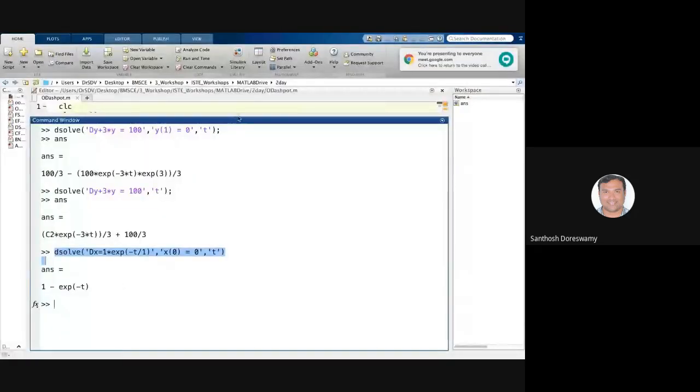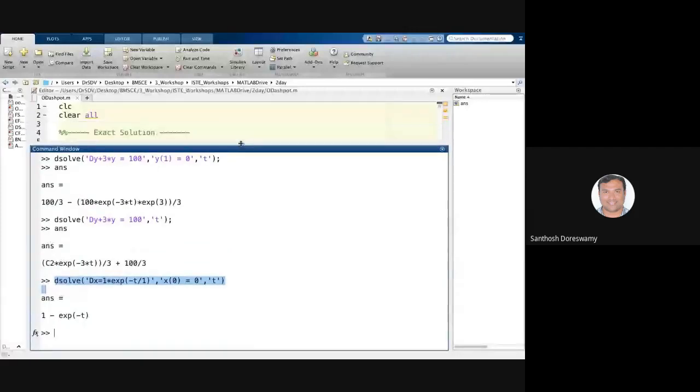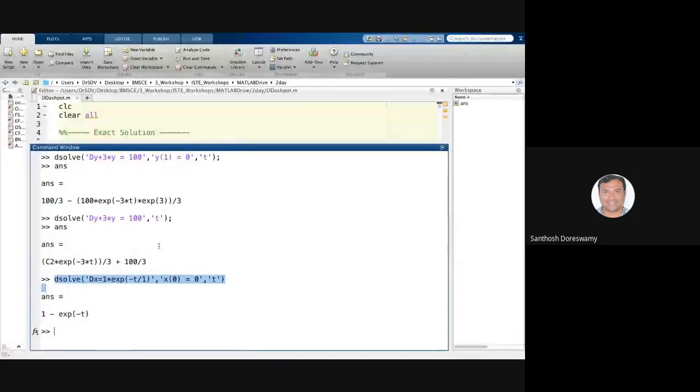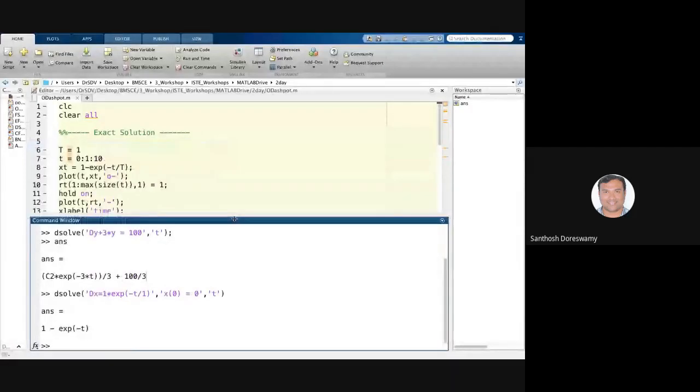Now we computed this using Laplace inverse in the last session. We got the exact solution by Laplace transform, if you just recollect. Now you are trying to get it with respect to a standard command known as the dsolve command.